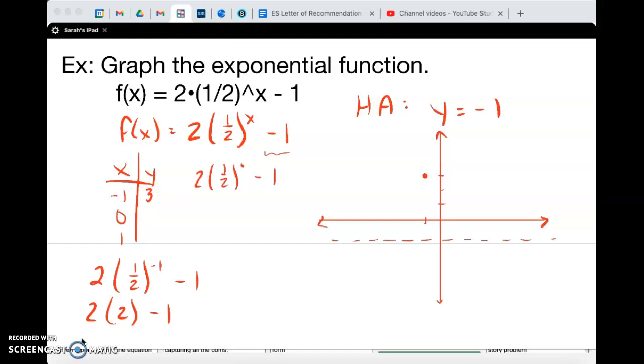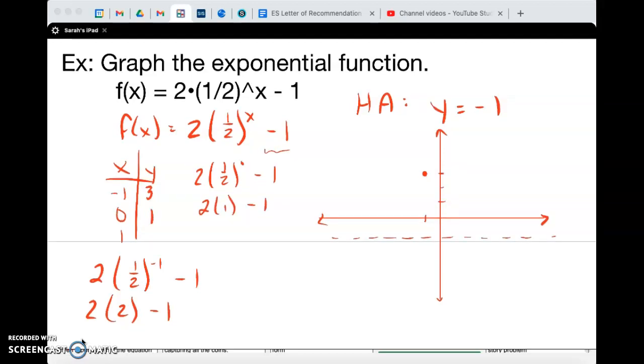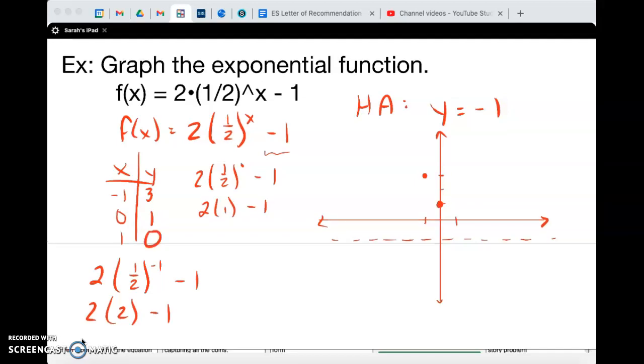It should be 2 times 1 minus 1. And then plugging in 1, 0. Okay, and approaching my asymptote.